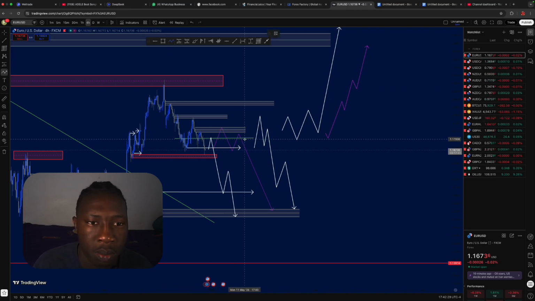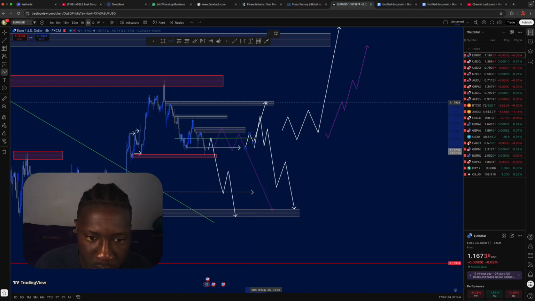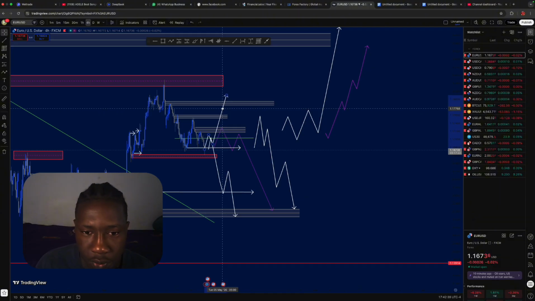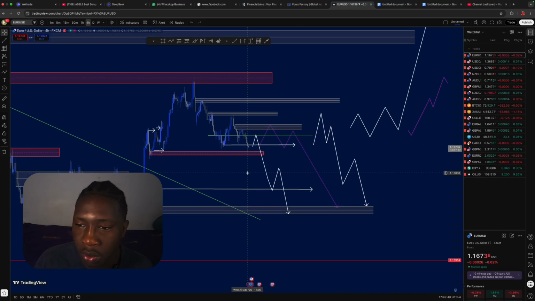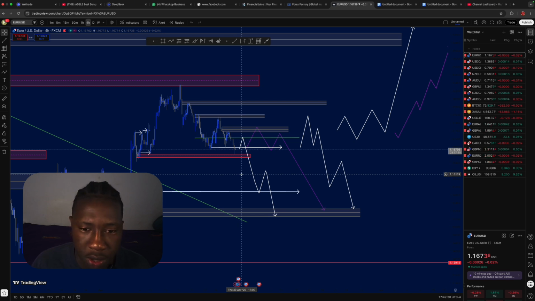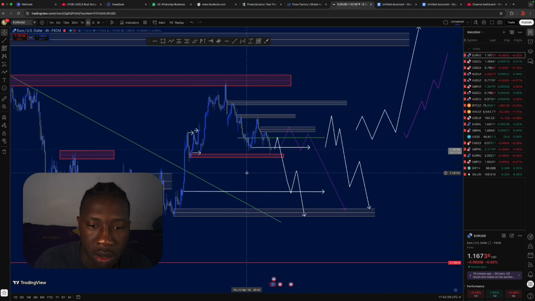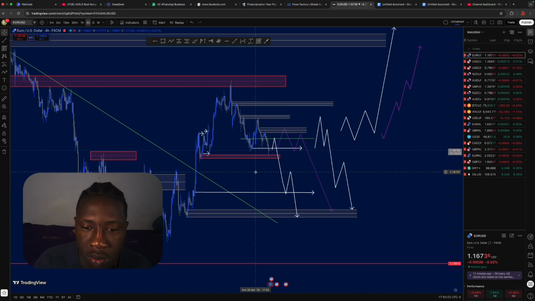We need a pullback to the upside and a pullback to the downside like this for us to say the markets are now moving to the upside. But now we need to focus on the downtrend, because we need to see if it is continuing moving down or if it is continuing moving up.